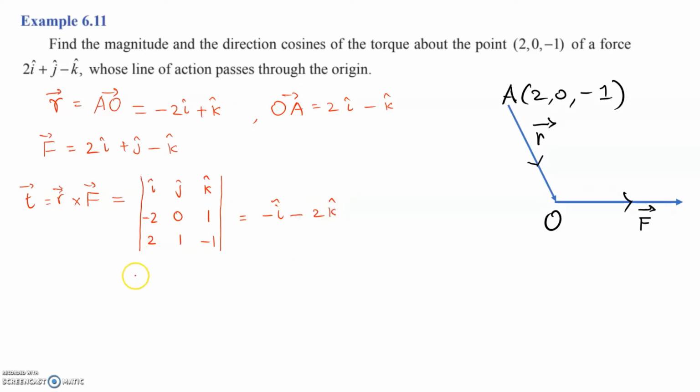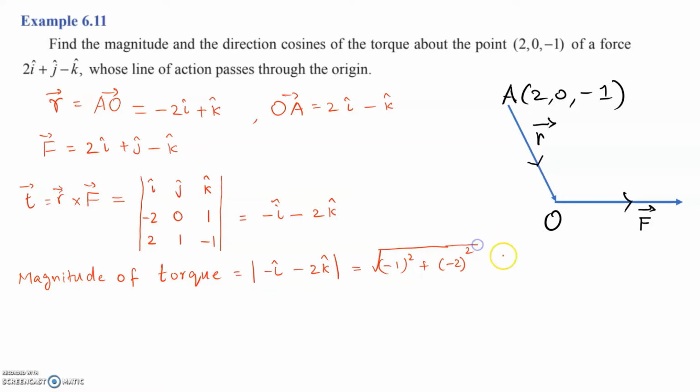Okay. Now the magnitude of torque is the square root of (-1) squared plus (-2) squared, and that is equal to square root of 5.